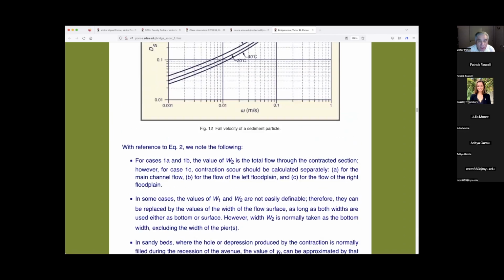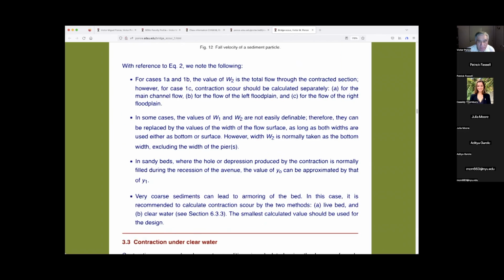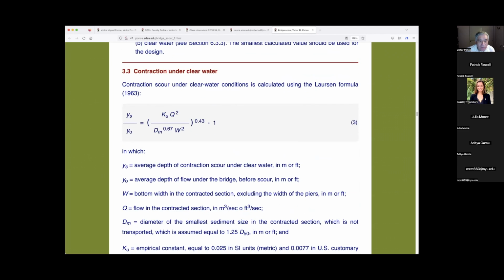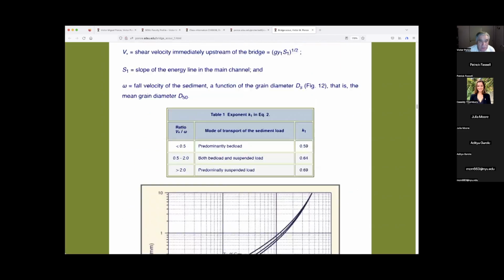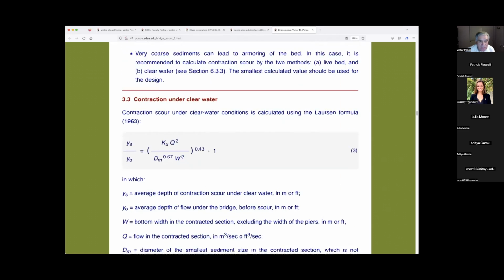So this is the way we calculate the Larson equation, and these are the comments on the Larson equation. Under clear water, we also have the Larson formula. Note that this formula is dated 1963. And again, Y sub S is the average depth of contraction scour under clear water. Now, the other was live bed, and clear water is the other one.